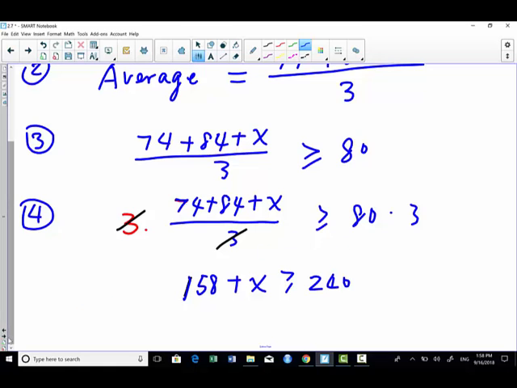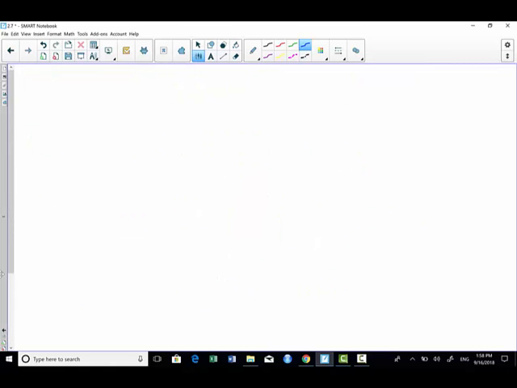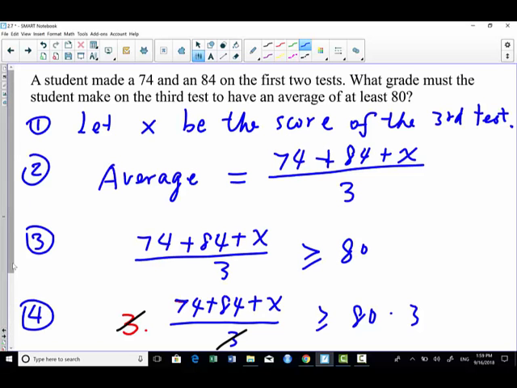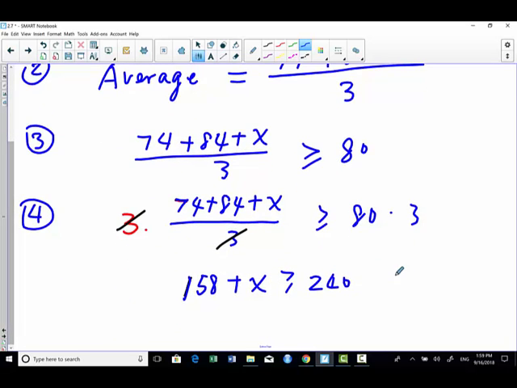This inequality actually really makes sense because, in order to get an average of 80 or higher, your total has to be 240 or higher. So some students can write out the inequality directly without using the average idea. They just use the total points in order to get the average 80.